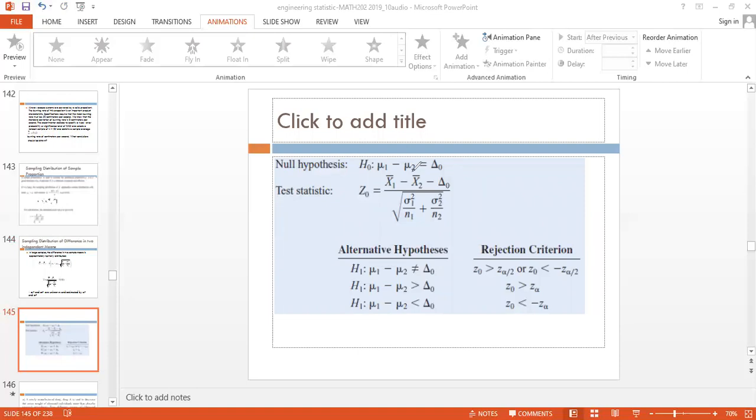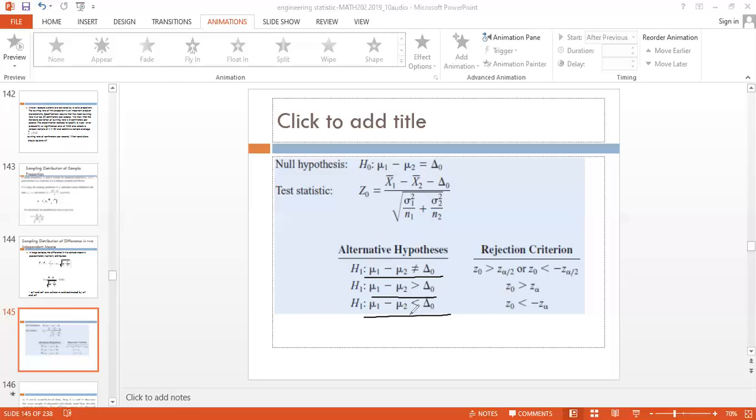Or we can be testing whether mu1 minus mu2 is greater than the difference, or less than a certain difference, or not equal to a difference, which will also lead us to the corresponding rejection regions.